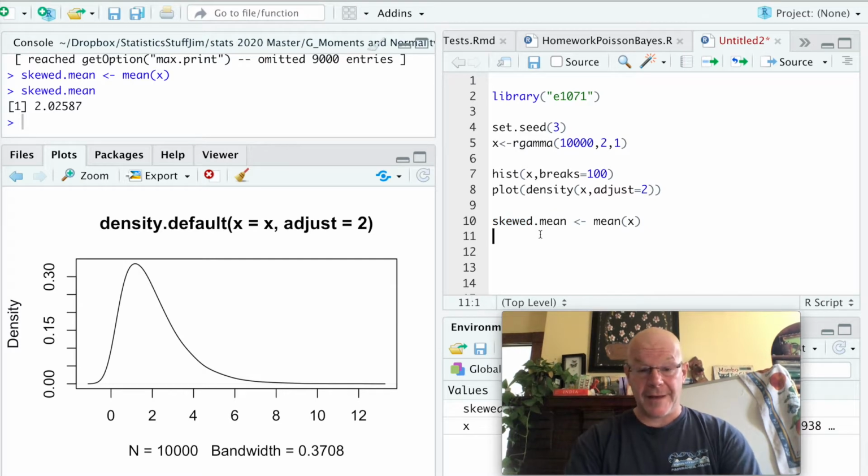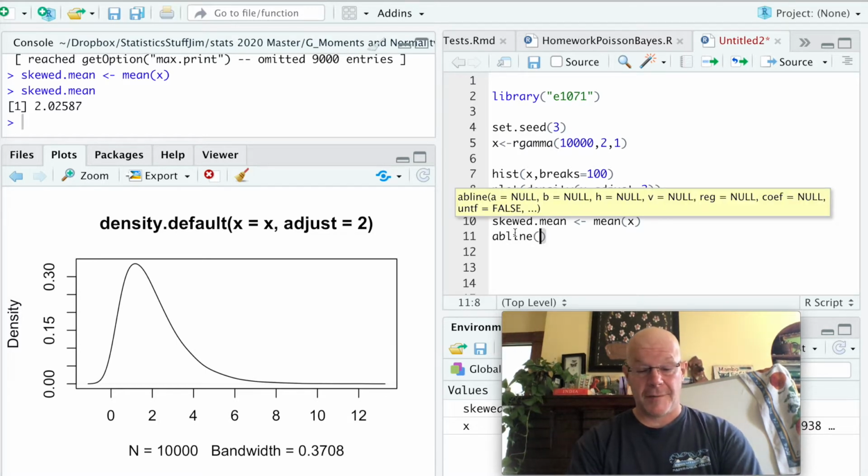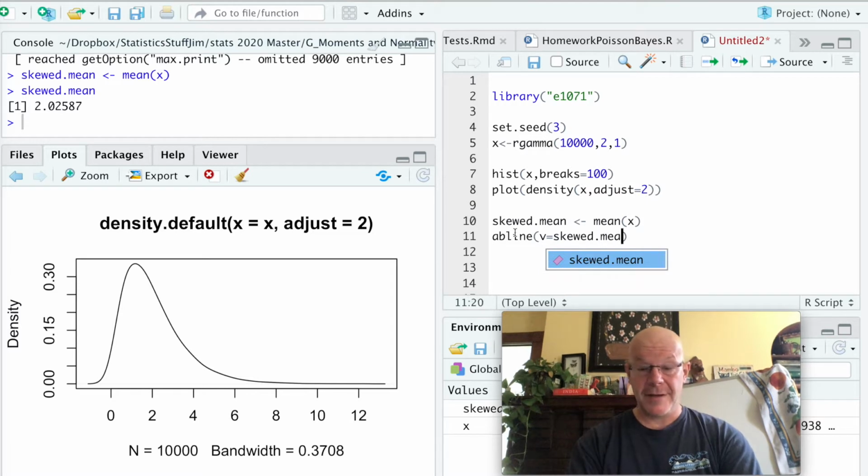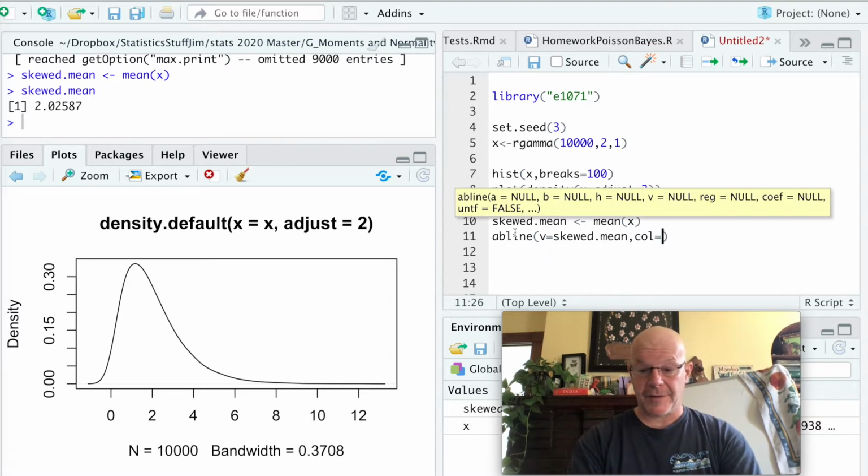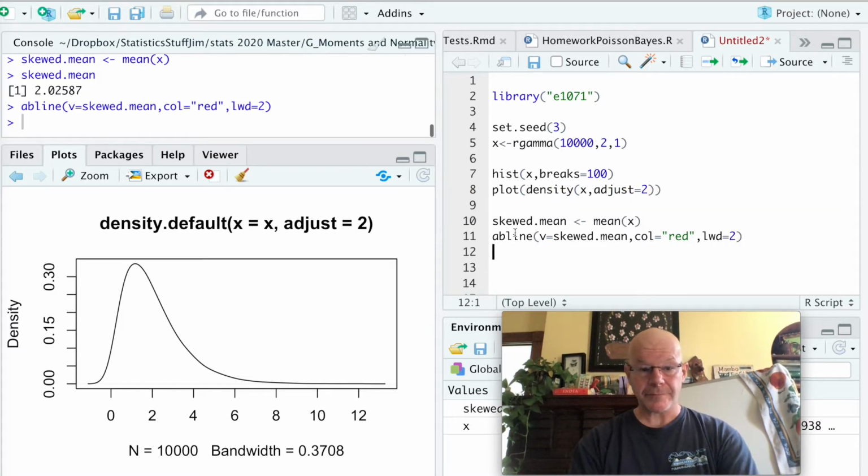And so on this plot, I am going to plot abline. I want it to be a vertical line, and I want it to be at the skewed dot mean. In this case, I will say color equals red, and I'll make it a fatter line, line width equals 2. And so this is the mean of those data.